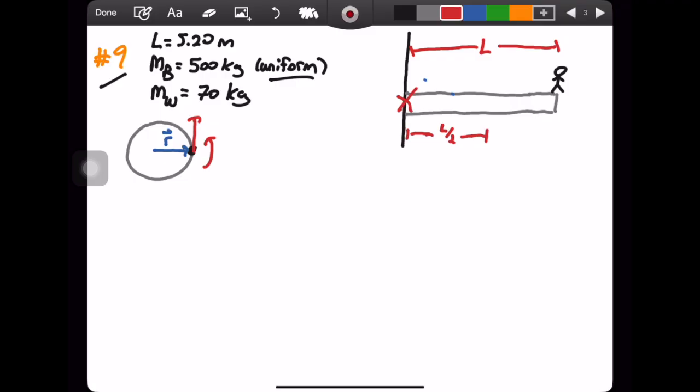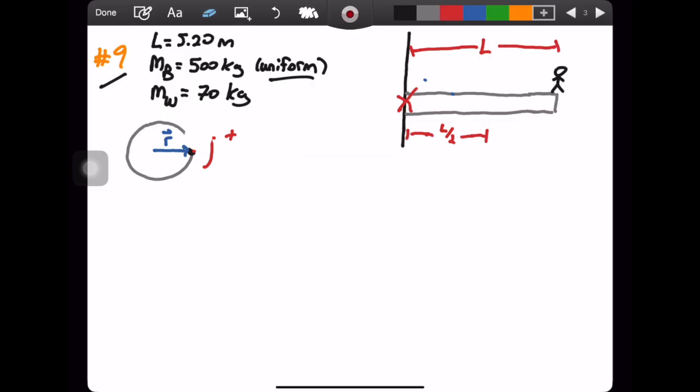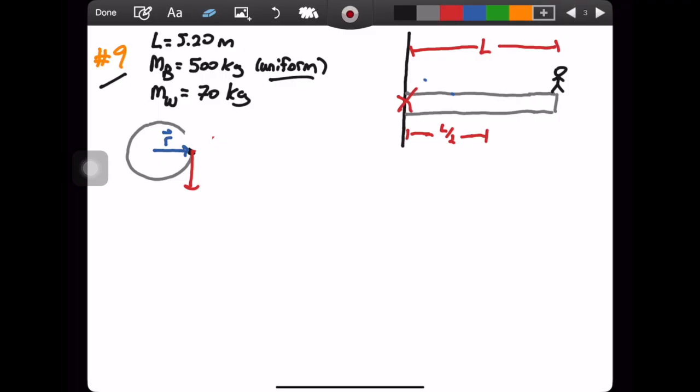And so we say that if the torque causes counterclockwise rotation, then it's a positive torque. Now, in contrast, if I had a force that was oriented like this, you can imagine that it would cause a clockwise rotation. And a clockwise rotation is negative torque.